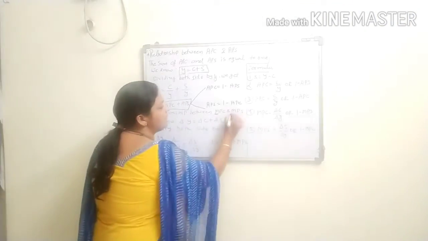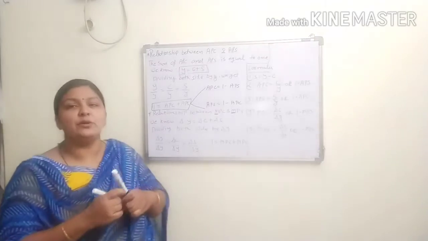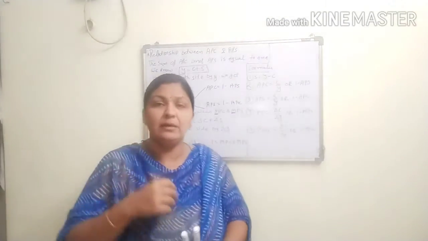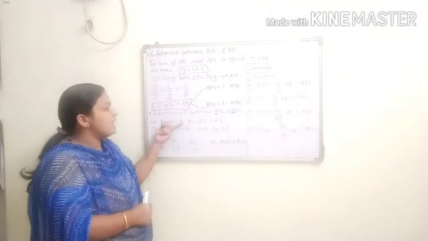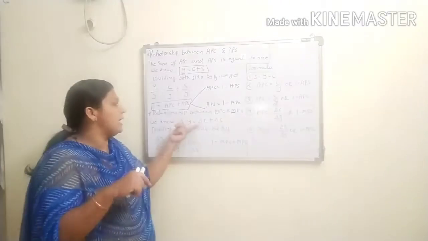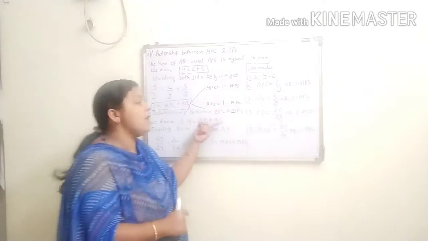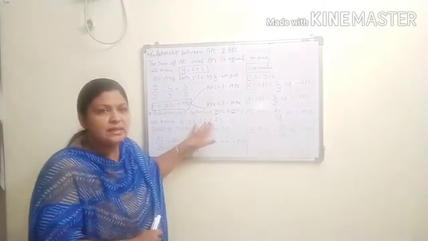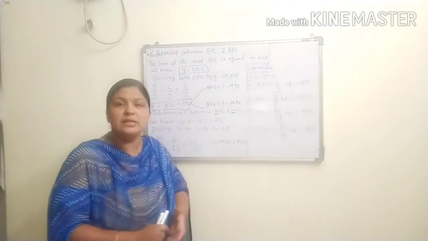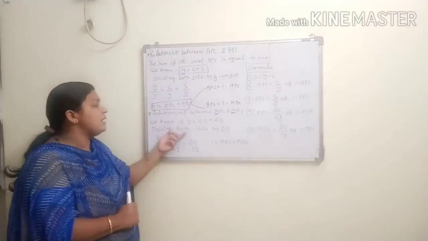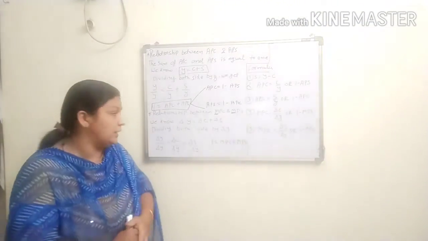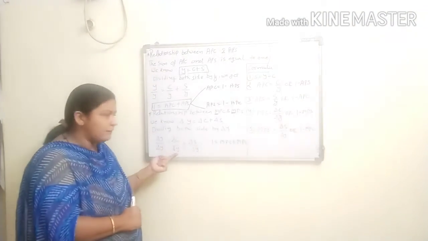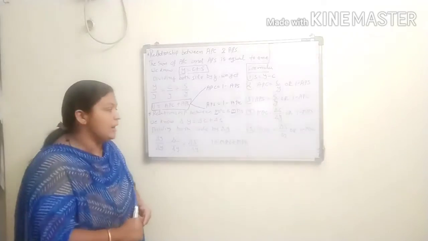When we talk about the marginal value, marginal is always denoted by change, and change is denoted by delta. So delta Y, the change in income, equals delta C plus delta S. It means change in income equals change in consumption expenditure plus change in saving. Now dividing both sides by delta Y, delta Y upon delta Y equals delta C upon delta Y plus delta S upon delta Y.